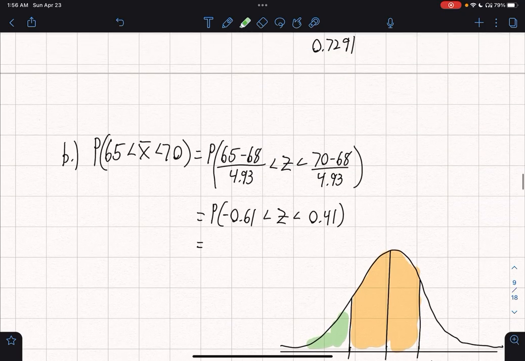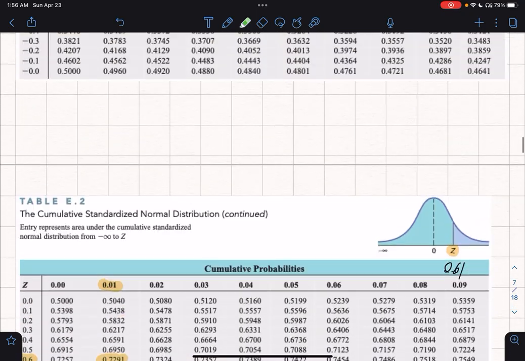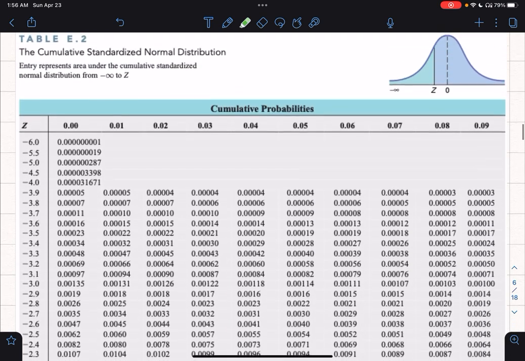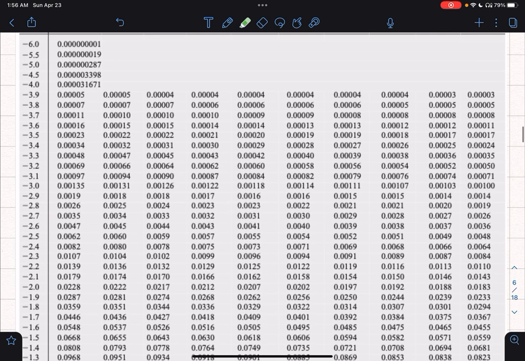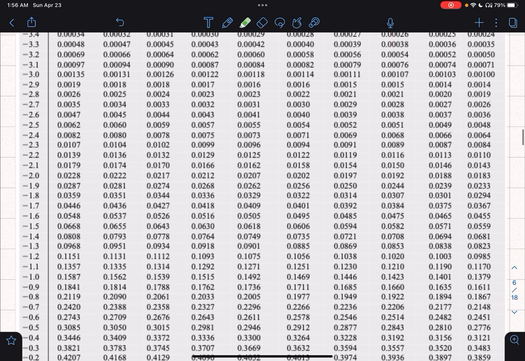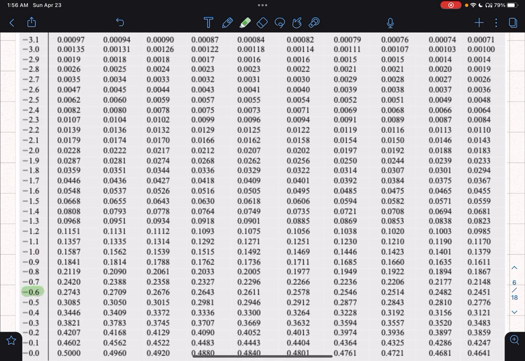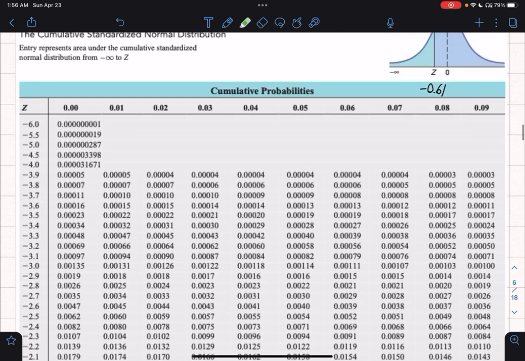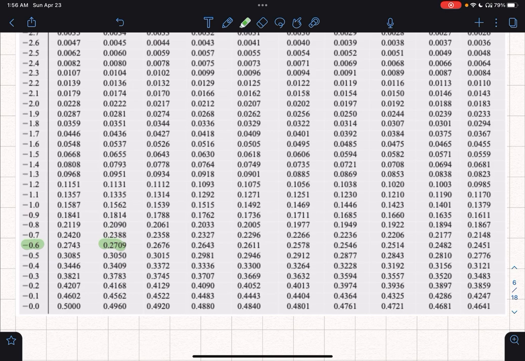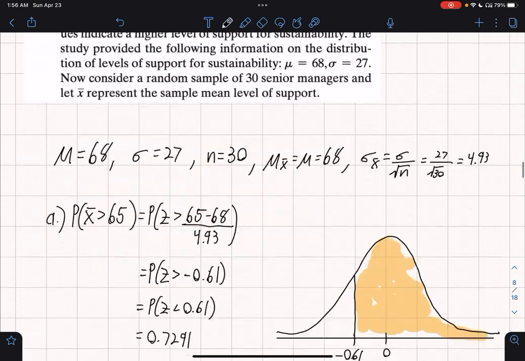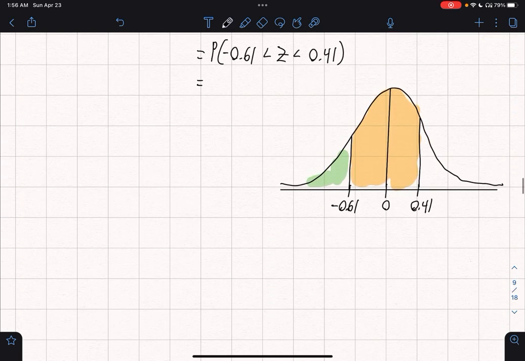So let me just look up negative 0.61. So I'm going to use our first table because it's a negative value. So if I look that up, negative 0.61, right, 0.01. I get 0.2709.